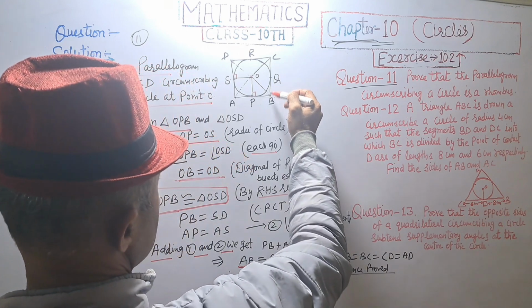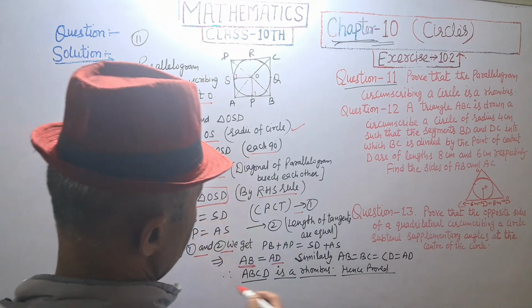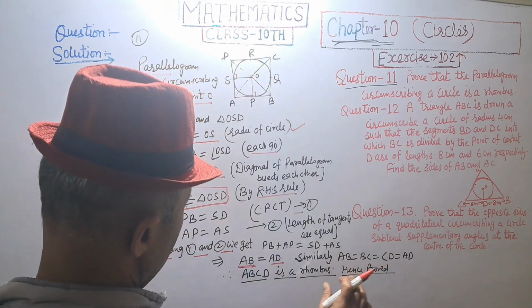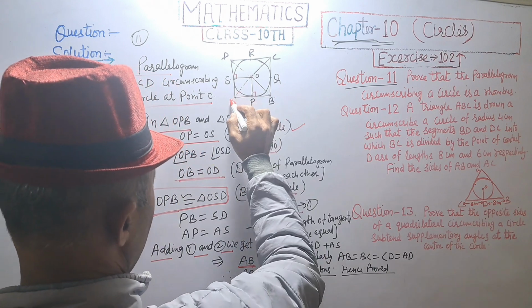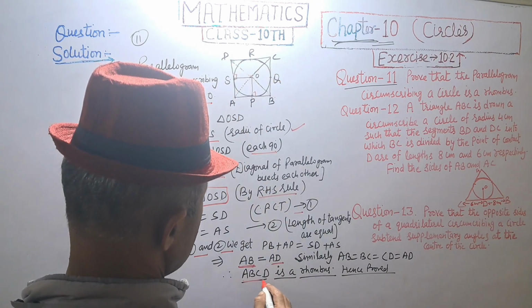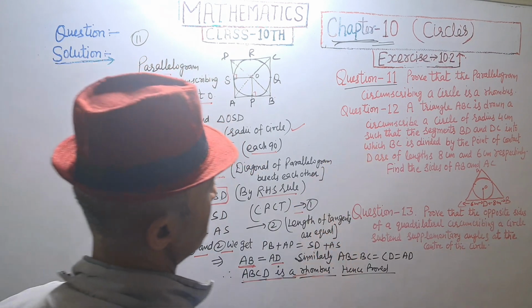AB is equal to BC is equal to CD is equal to DA. So parallelogram ABCD is a rhombus, hence proved.